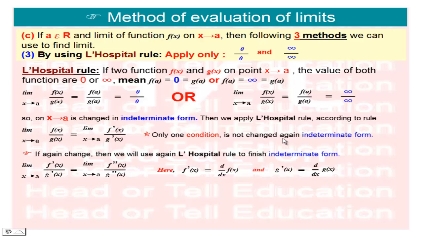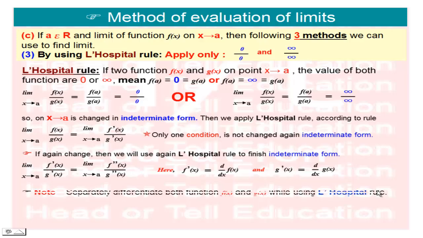If you again find the indeterminate form, you have to differentiate separately again. So note, differentiate separately for both functions f(x) and g(x) while using L'Hospital rule. This is important.